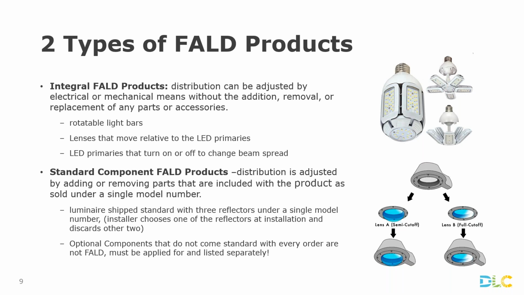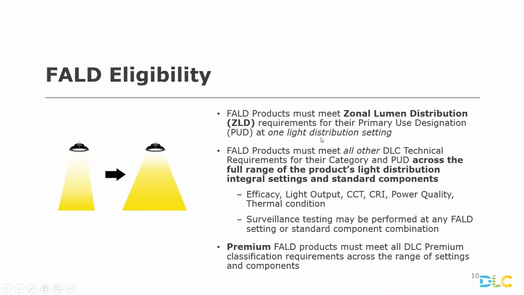Let's go ahead, Gabe. And here on eligibility, DLC's approach, we want to emphasize the benefit of adjustable distributions to customers and the manufacturers. And we're trying not to prescribe the distribution variations here. So you see that in the first bullet.